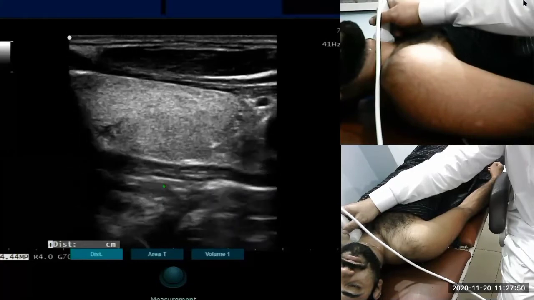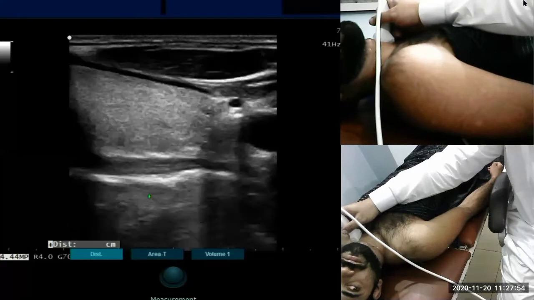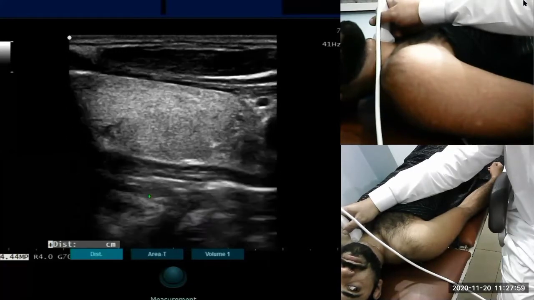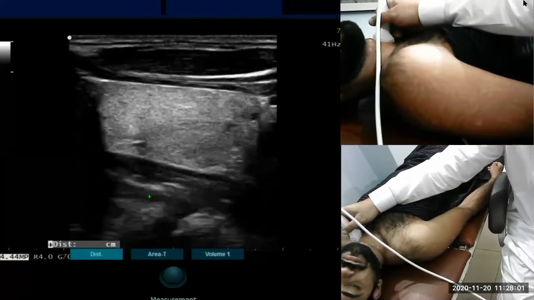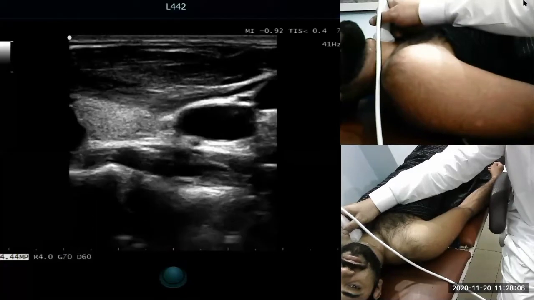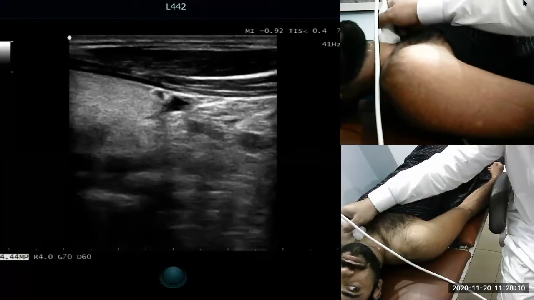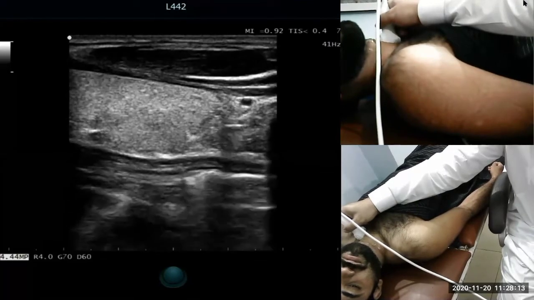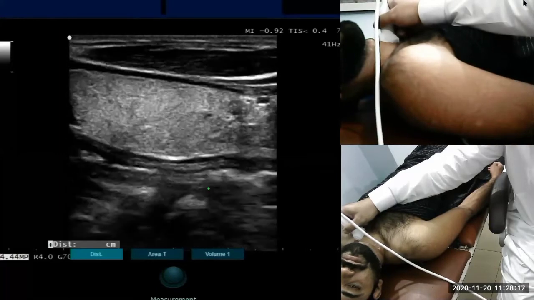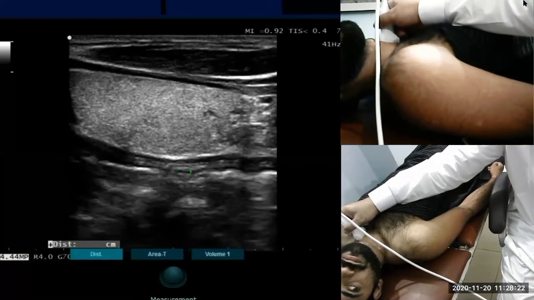So this is the cervical esophagus, and you can see the saliva going down. There we are. Okay. There we are. It is going here. This is air bubble, and the saliva was going down. Okay.